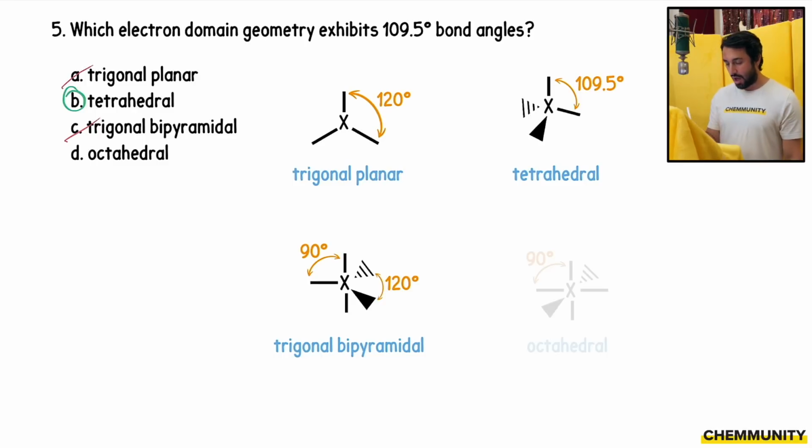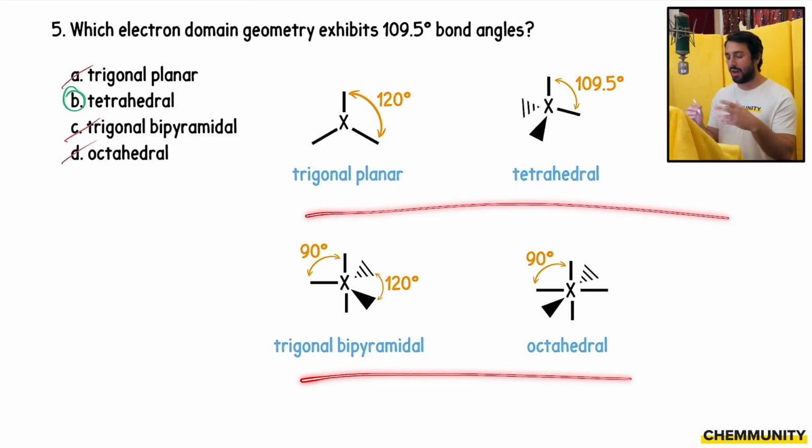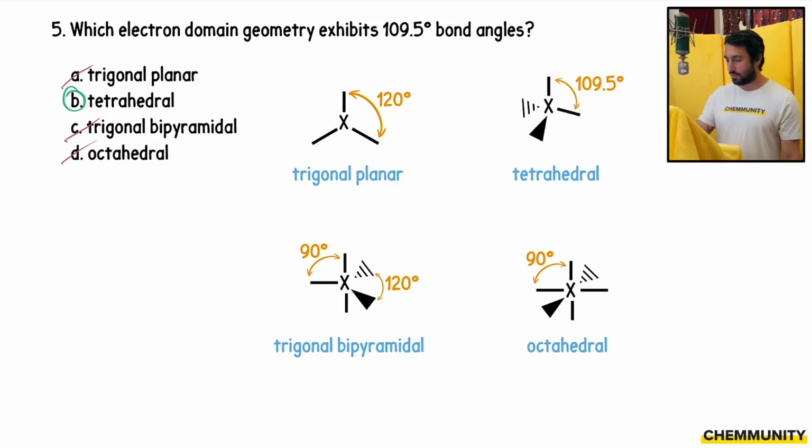And then lastly, octahedral looks like this, where we're essentially setting up an octahedron, and then those are completely 90-degree bond angles. So it's a good idea to remember these different electron domain geometries and the bond angles that are involved. To answer the question, we know that this is going to be B, tetrahedral.